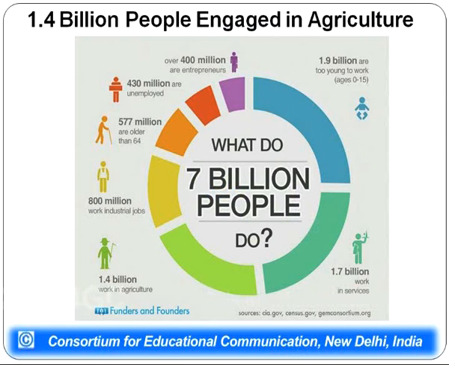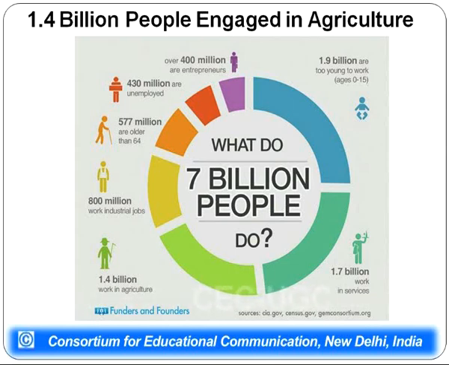If you see the distribution, 1.7 billion work in services, 1.4 billion work in agriculture, 800 million work industrial jobs, 577 million are older than 64, 430 million are underemployed, unemployed, over 400 million are entrepreneurs, and 1.9 billion are too young to work, meaning they are between 0 to 15 years.